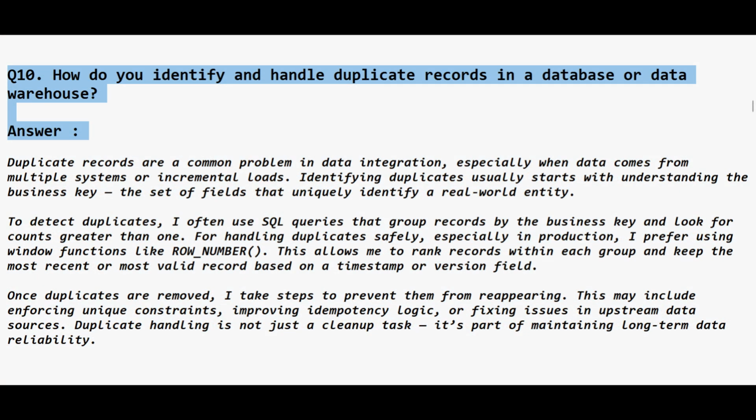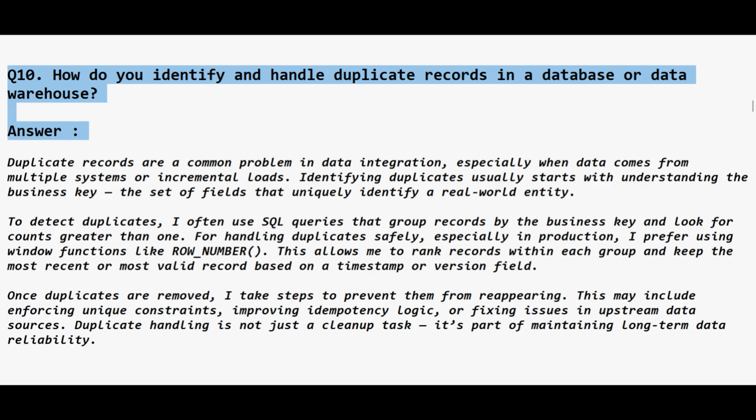Question 10. How do you identify and handle duplicate records in a database or data warehouse? Answer. Duplicate records are a common problem in data integration, especially when data comes from multiple systems or incremental loads. Identifying duplicates usually starts with understanding the business key, the set of fields that uniquely identify a real-world entity.